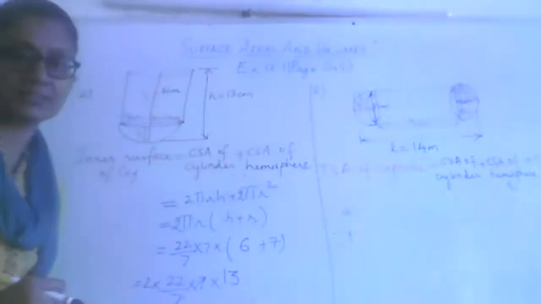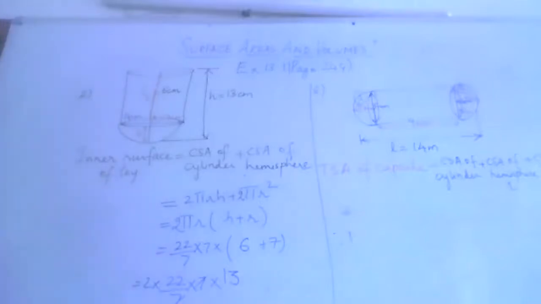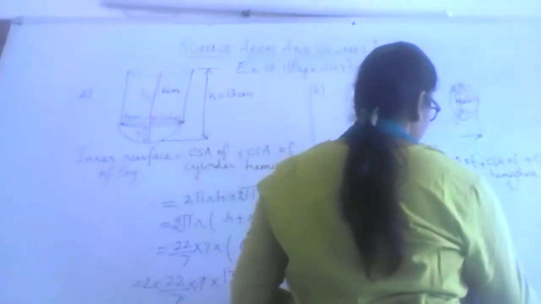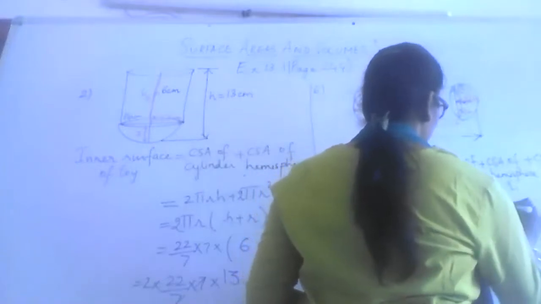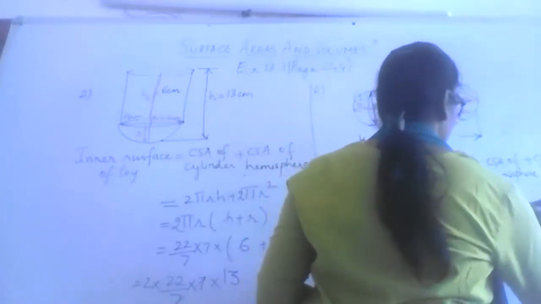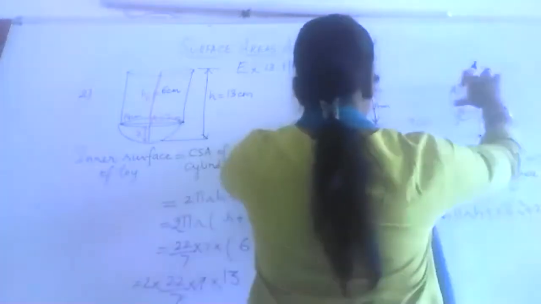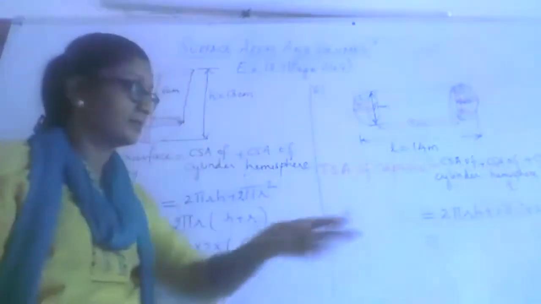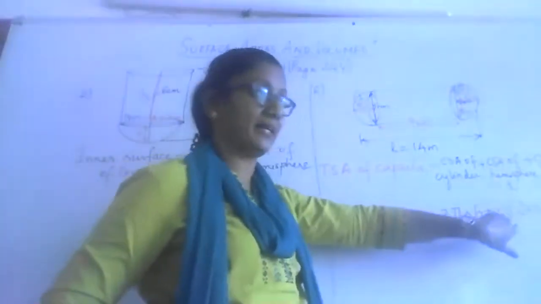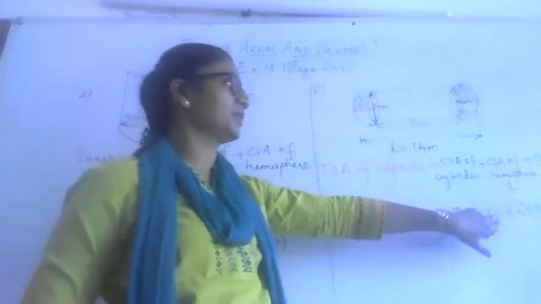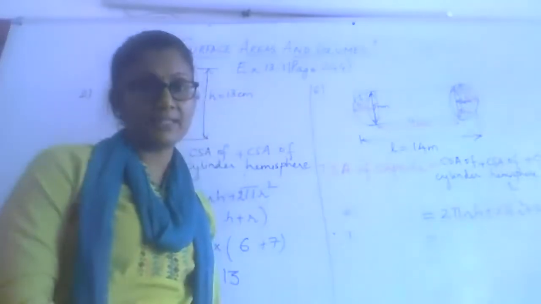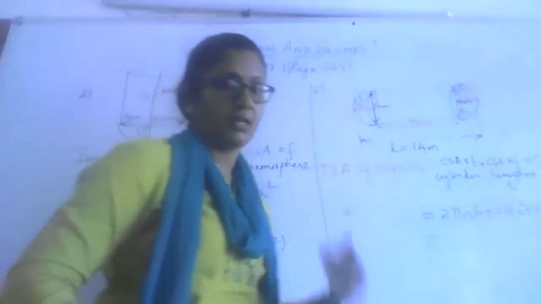So this part of the simplification I hope you will be able to do. First you will be substituting the formula, that is 2 pi rh plus 2 pi r square plus 2 pi r square. So 2 hemispheres will make 1 full sphere, so it is going to become 4 pi r square. So 2 pi rh plus 4 pi r square will be the TSA of your capsule.